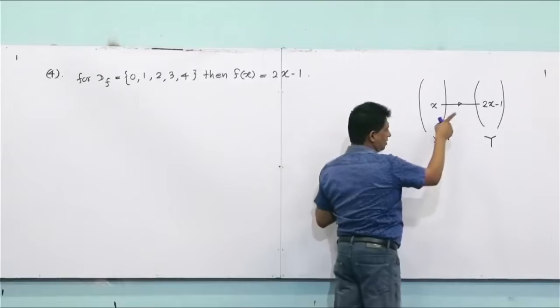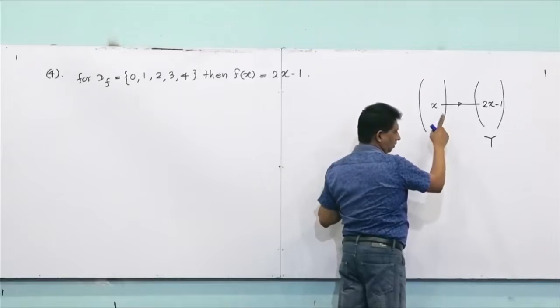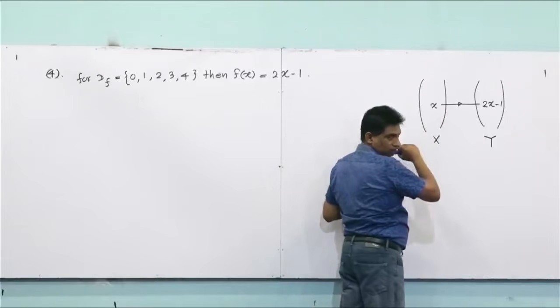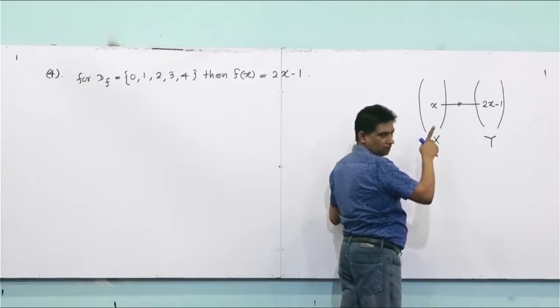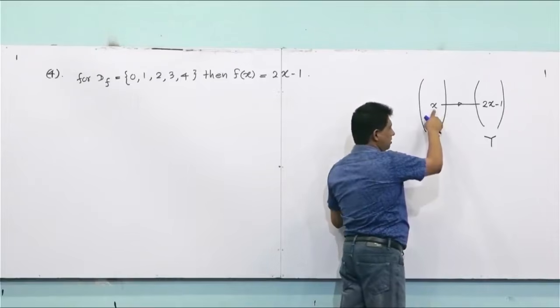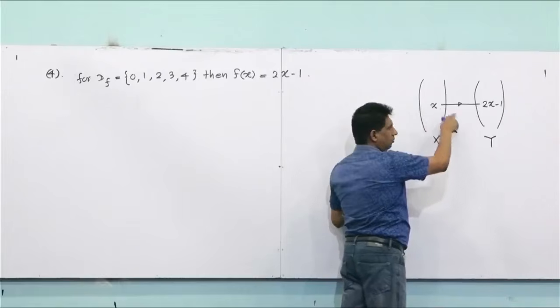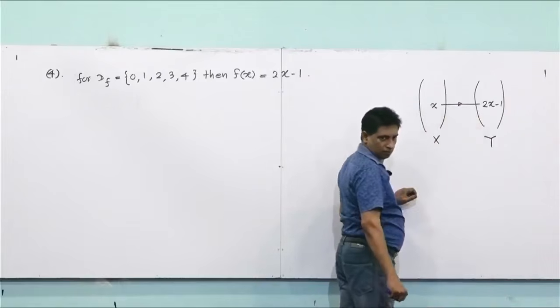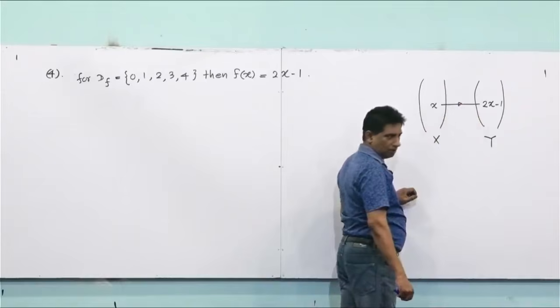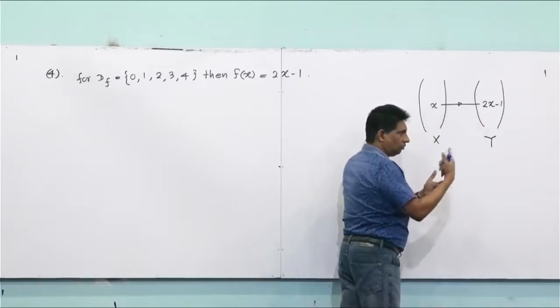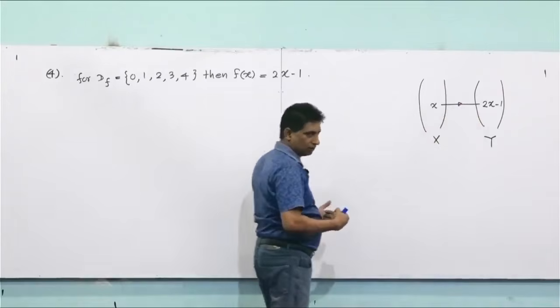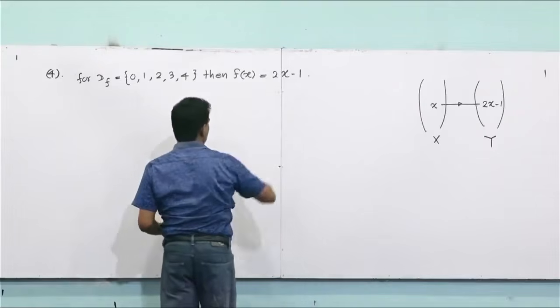Now by looking at this, you can write down what that function is, no? We have to multiply this by 2, then subtract 1. This is the image, right?